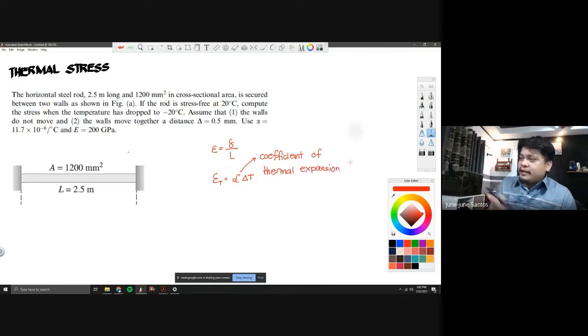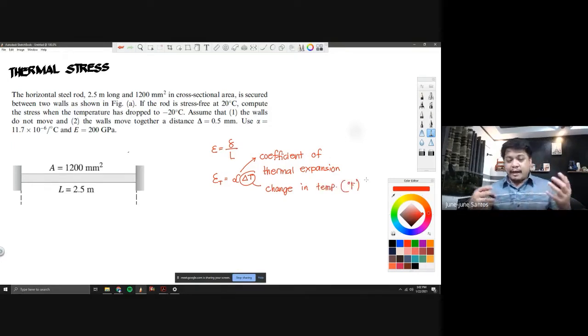So, kada material, iba-iba na ang coefficient of thermal expansion. So, iba yung sa steel, iba yung sa bronze, iba yung sa aluminum. Depende sa gagamitin natin. Okay? And then this delta T, ito yung ating change in temperature. Okay? It's either by degree Fahrenheit, degree Kelvin, degree Celsius, or Rankine.